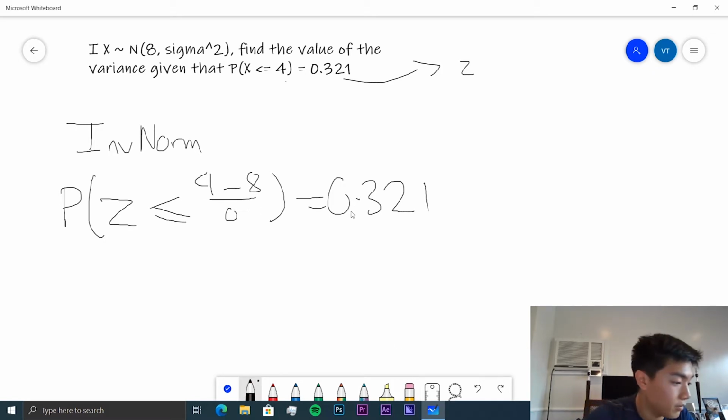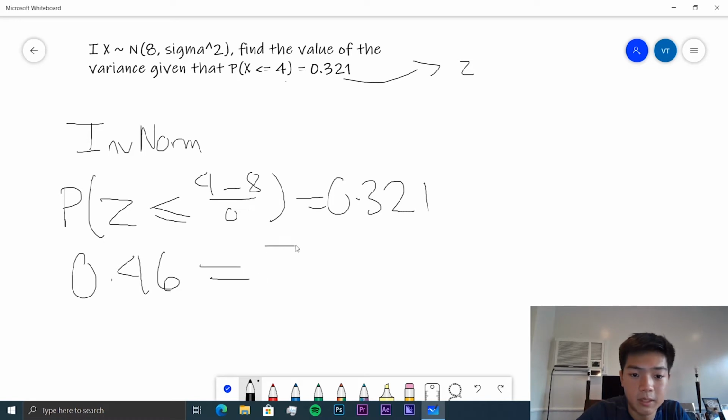So passing this back through, I get a value like -0.46. So -0.46 is equal to -4 over sigma.